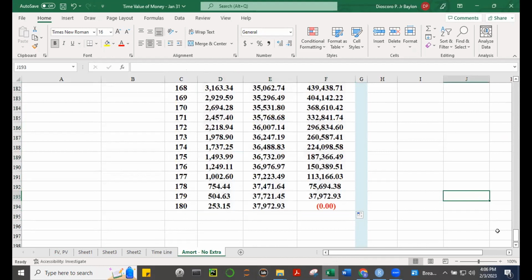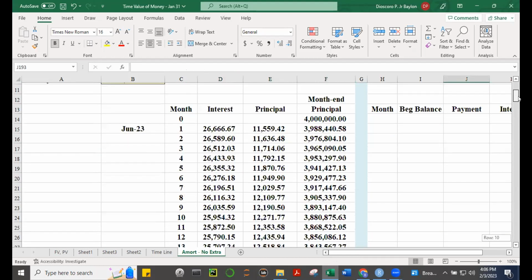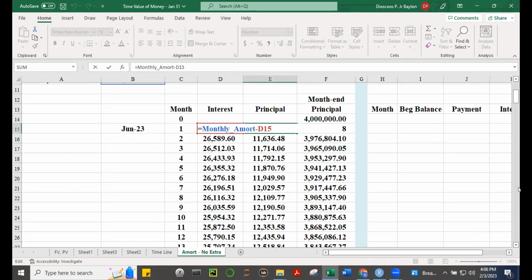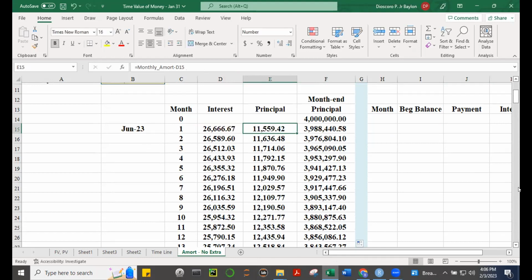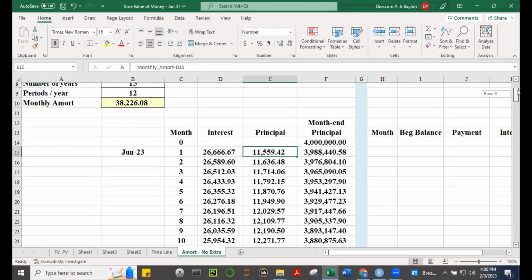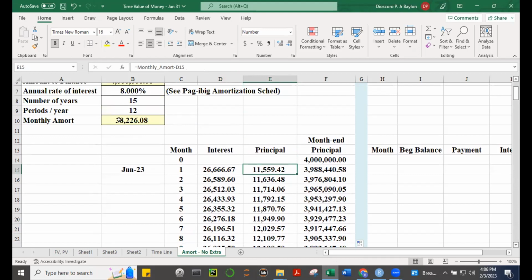Sir, can I see the formula for the principal? Okay, here. Principal is, just remember this, class, it's a story. Every month you're going to pay 38,226. Now, some of this will go to the interest, and some of this will go to principal. So first you compute for the interest. How do you compute for the interest?